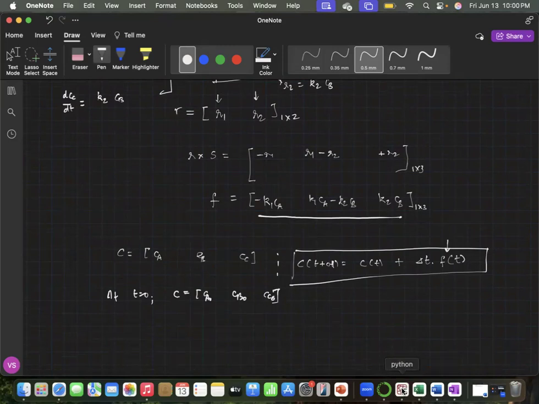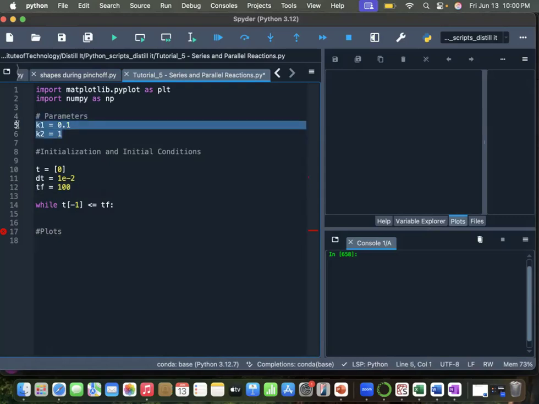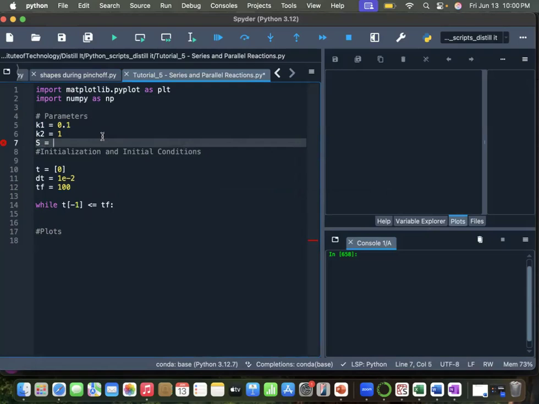So let's go to our Python slide and let's try to evaluate these things. Over here we have the parameters, our rate constants. I've just given some numbers over here. One thing that I want to do is formulate the stoichiometric matrix.